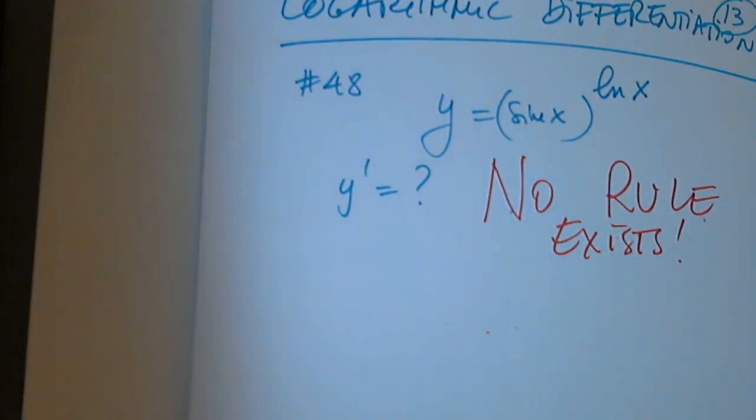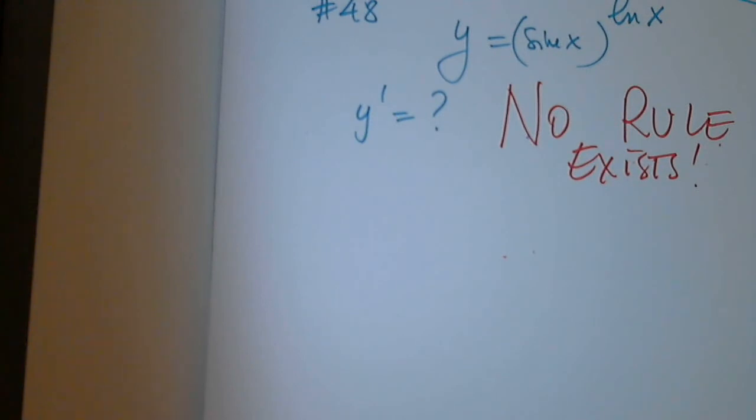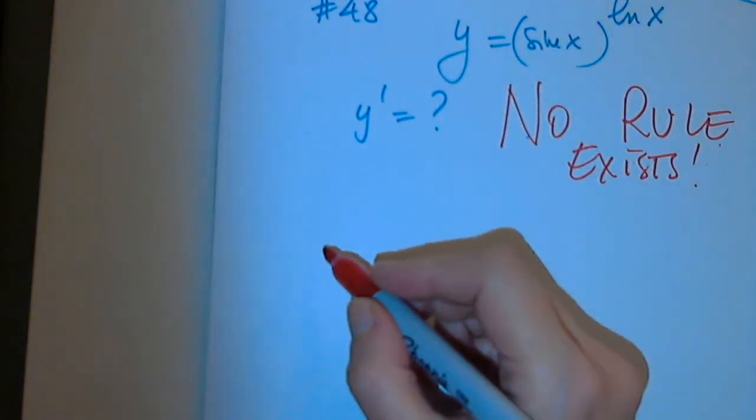No rule exists for differentiating a function raised to another function. A function raised to a power like 5, 10, 11, negative 3, yes. But a function raised to another function, there is absolutely no rule. But there is a way. We will apply natural log to both sides.